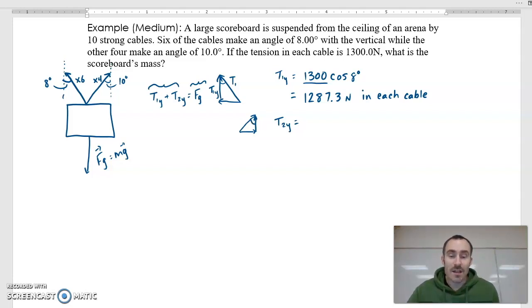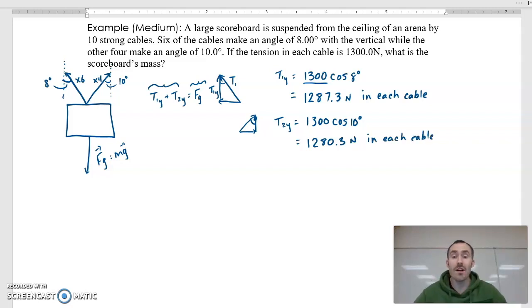And so it ends up being the same thing, cosine as well, and each cable also has 1300 newtons of force in it, times cosine 10 degrees. And so that's 1,280.3 newtons in each cable. Okay, so that's the part of the question that's different than the mild one.